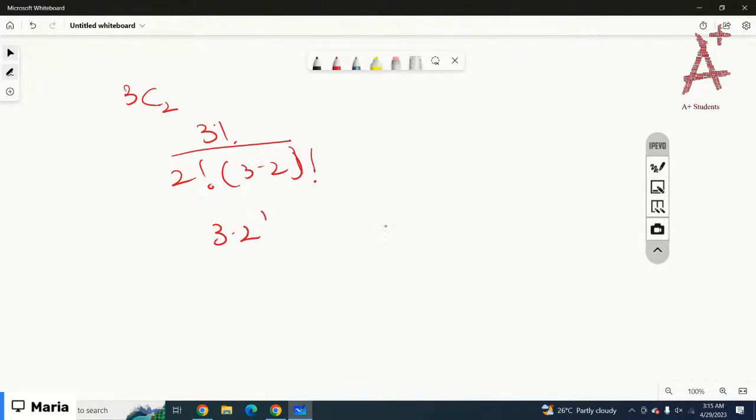So it would be 3 times 2 factorial divided by 2 factorial, and 3 minus 2 is 1 factorial. 2 factorial cancels out, and 1 factorial is 1, so it would be 3. Got it? That would be 3.